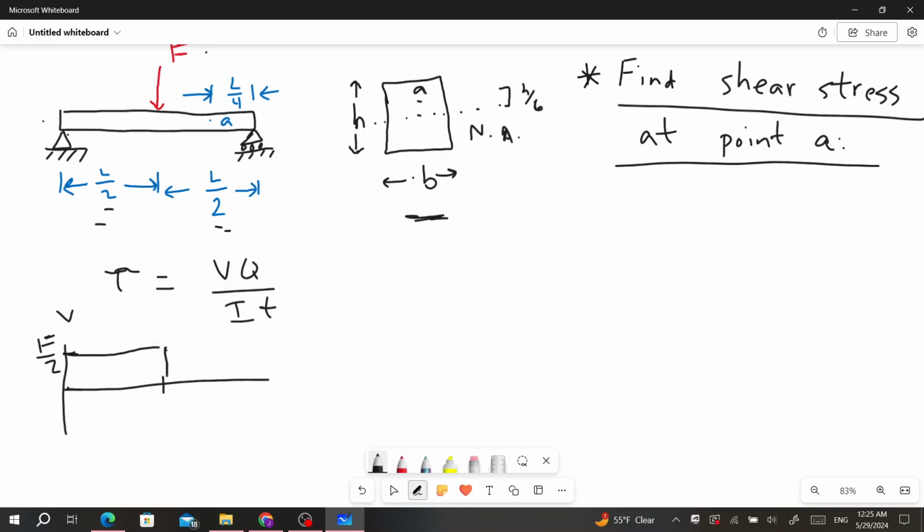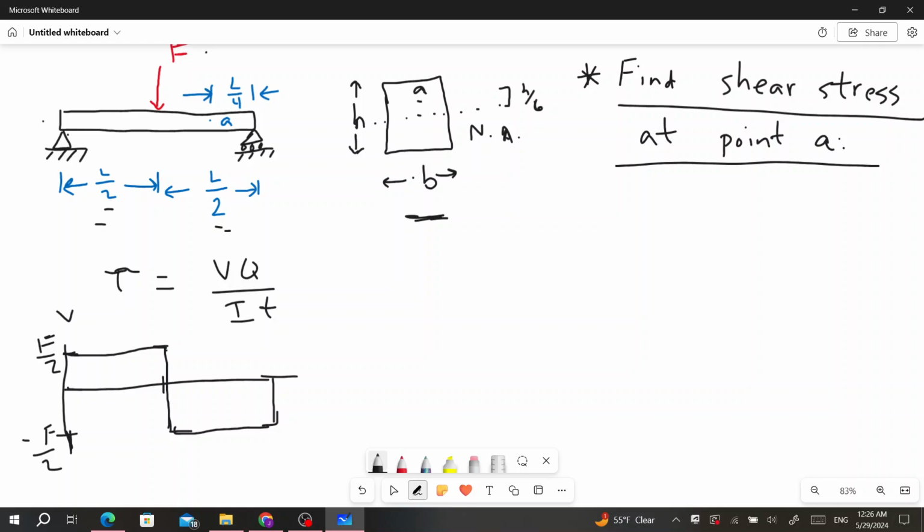Then we're going to go down by F, down to negative F/2 on the shear diagram, and then nothing changes till we hit that other support, and that will bring us up F/2 back to 0.